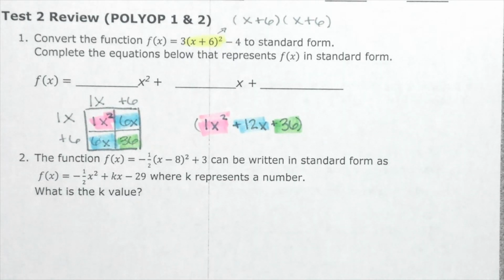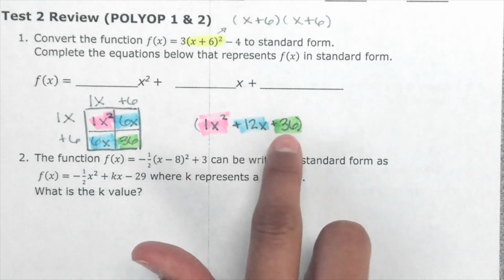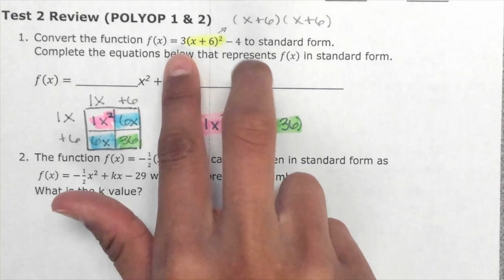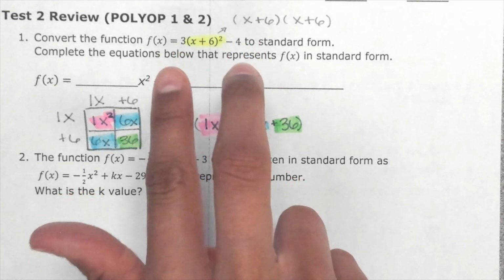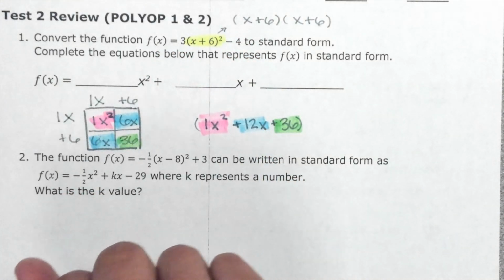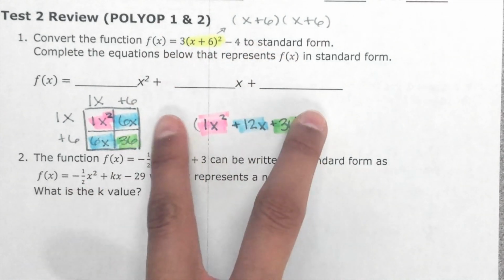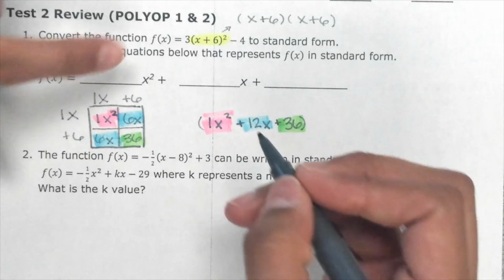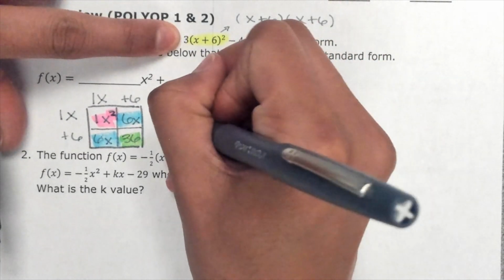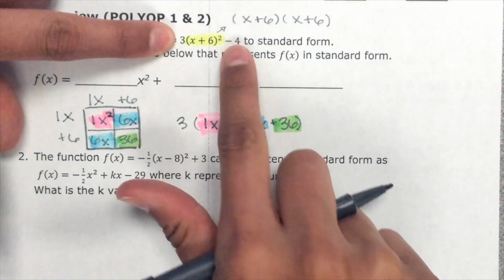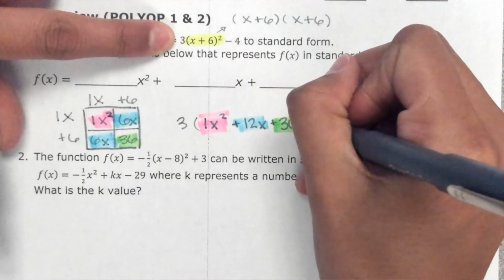Now that we have the inside of our parentheses filled again, we're going to include these numbers back into the place that they were in before. So that 3 is still out front, and that minus 4 is still outside the parentheses in the back.